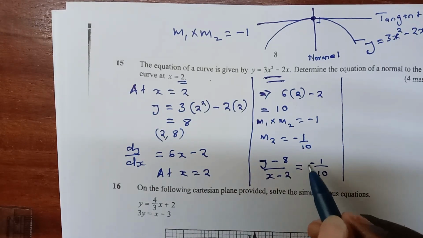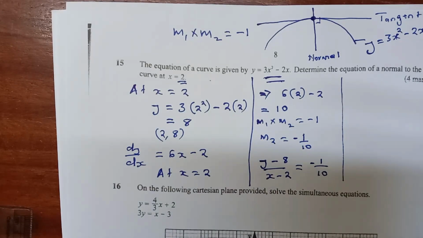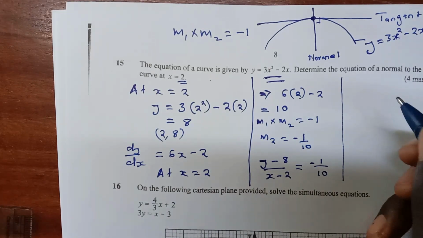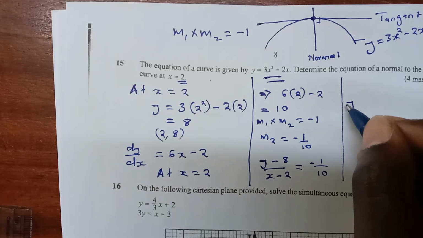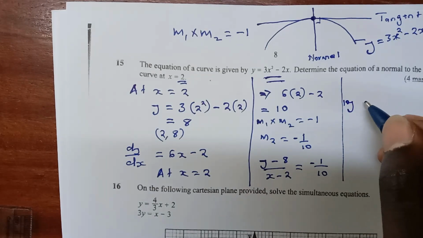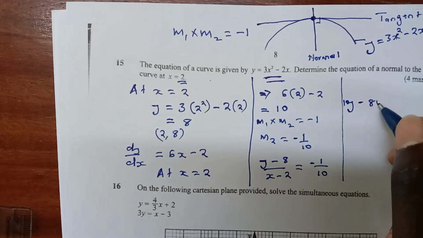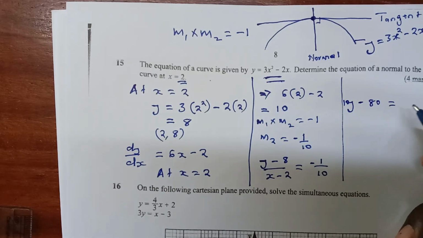When you cross multiply these two, you end up with 10y minus 80 equals negative x plus 2.